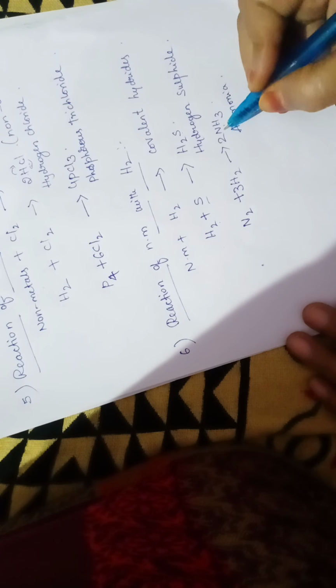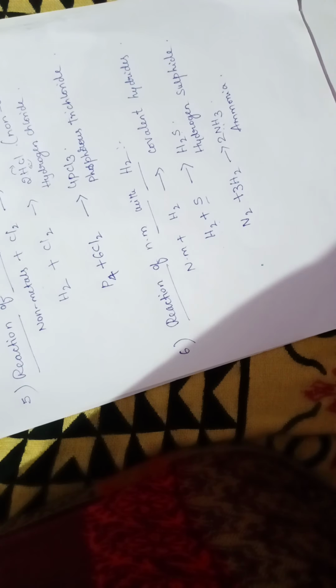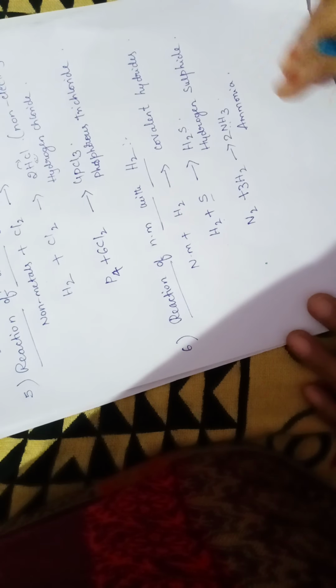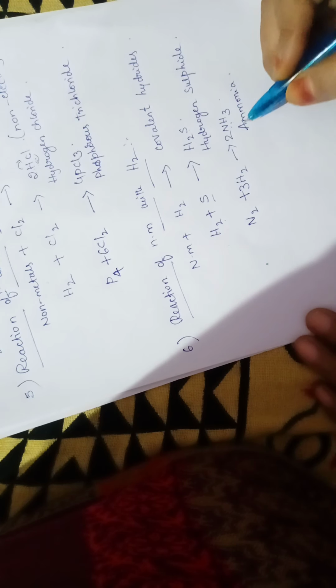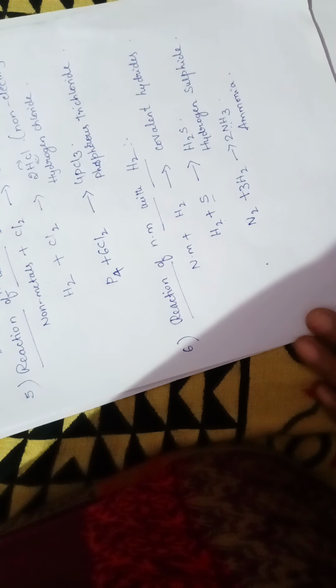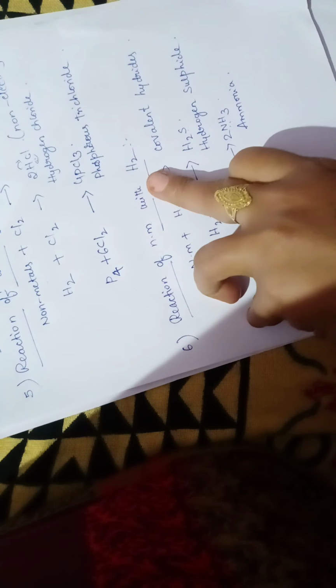Ammonia is also a covalent hydride, meaning nitrogen and hydrogen share their electrons with each other. When they share, there will be no ions, so they cannot conduct electricity. Clear here, children? So like this, there is a reaction between non-metals and hydrogen.